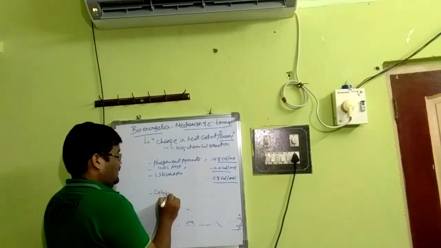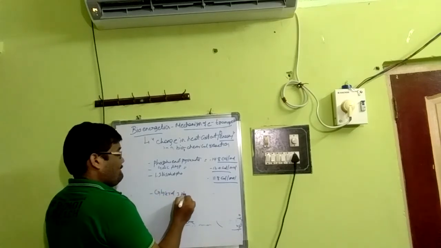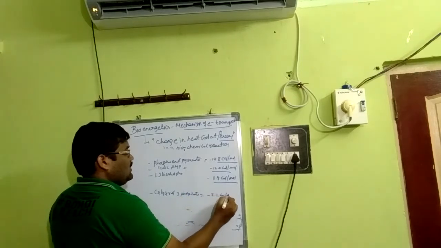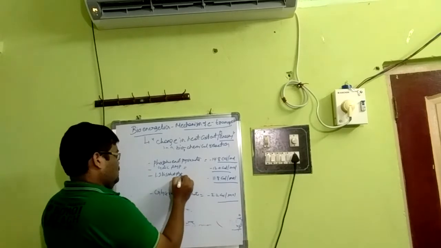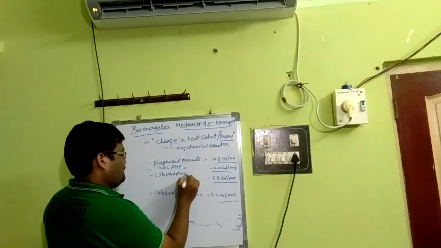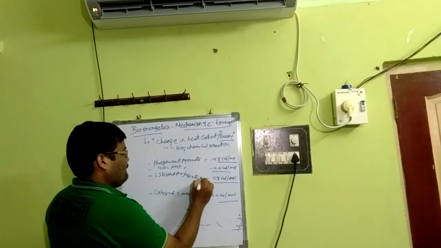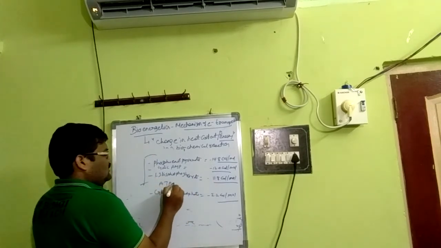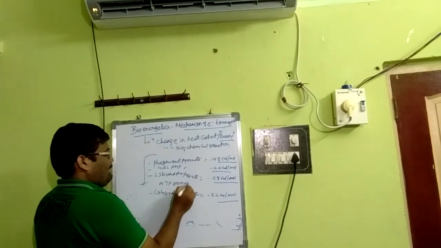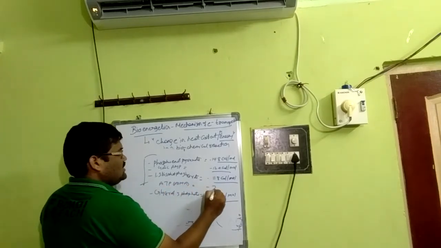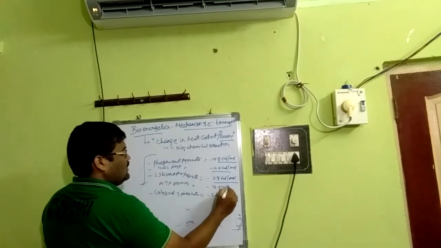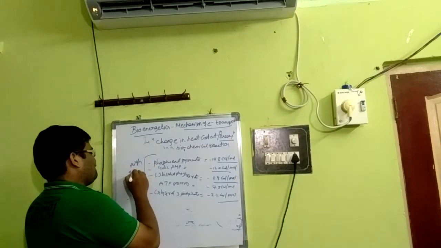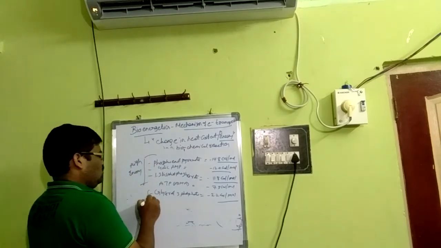Glycerol 3-phosphate is just minus 2.2 calorie per mole. Bisphosphoglycerate. And we have already said ATP, that means ADP plus Pi, has minus 7.3 calorie per mole. These are high energy phosphates. This is low energy phosphate.